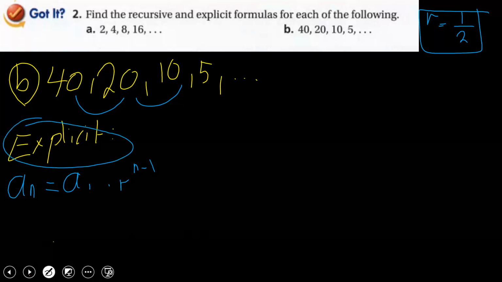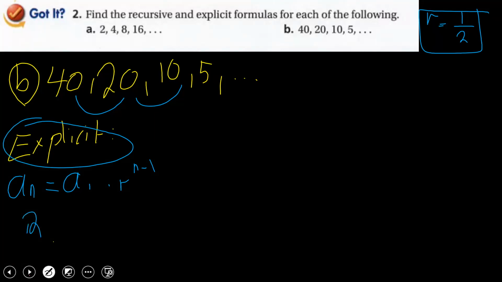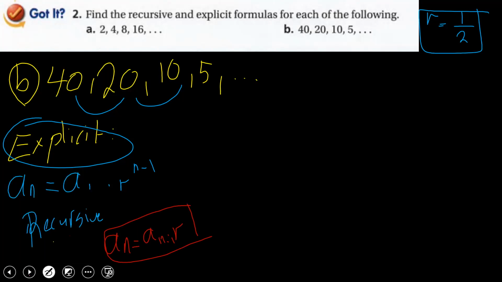This is for the explicit. And the recursive will be A sub n is A sub n minus 1 times R. So this is an explicit, and this will be a recursive.